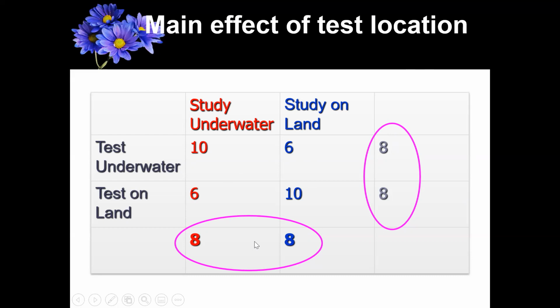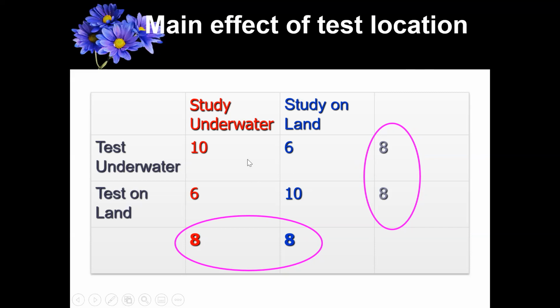There's no answer there because they're the same. Also, is it better to test underwater or test on land? Again, the other main effect. Taking the average of 10 and 6 again gives us 8. 6 versus 10 gives us 8. There's not really an effect there. It's not better or worse to test on land. But there obviously is something going on here. The condition means are obviously different.